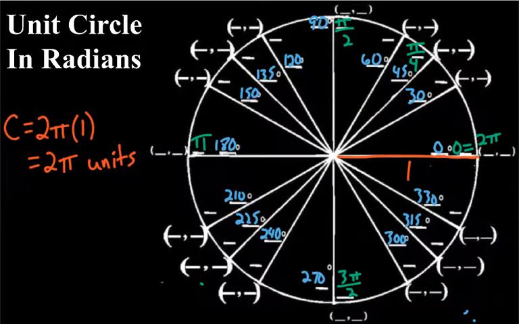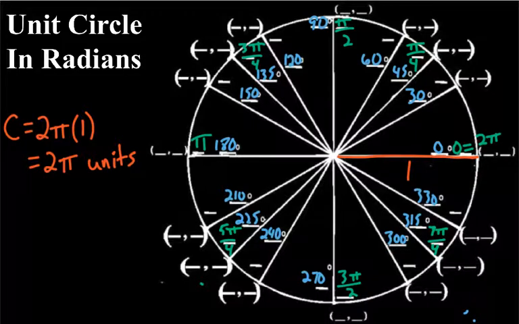Then we can think of 90 degrees as 2 pi over 4, which is the same as pi over 2, and 135 degrees as 3 pi over 4, and 180 degrees as 4 pi over 4, which is the same as pi, and 225 degrees as 5 pi over 4, and 270 degrees as 6 pi over 4, which is the same as 3 pi over 2, and 315 degrees as 7 pi over 4.